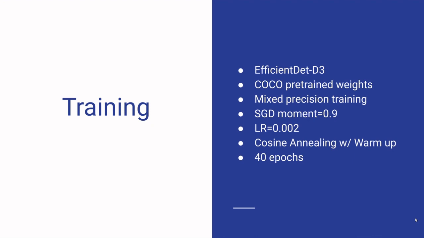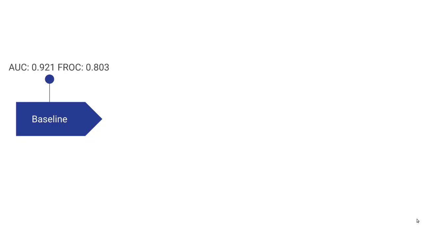All the models are trained for 40 epochs, and that's enough for the models to converge. My baseline with EfficientDet D3 could reach very similar performance to the provided Faster R-CNN baseline. The AUC is about 0.921.